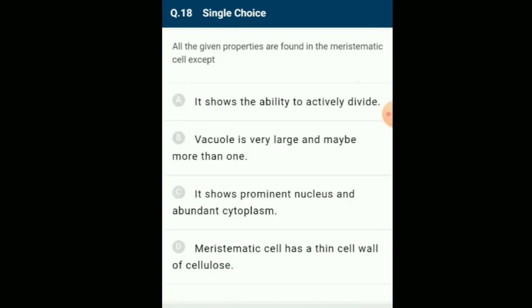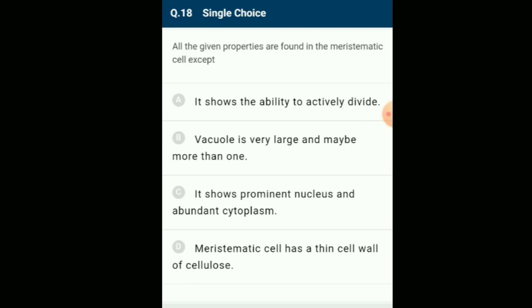Question number 18. All the given properties are found in the meristematic cell except: the meristematic cell has certain set of characteristic features. It is generally isodiametric in shape, has a prominent nucleus and abundant cytoplasm. Generally, these cells do not possess vacuoles.